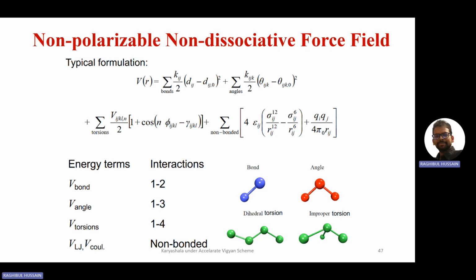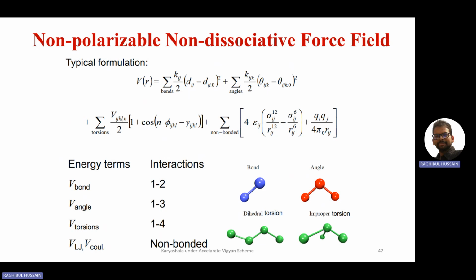Among the non-bonded interactions, we have seen that the LJ potential is most accurate, and this is the Coulomb, right? In the Coulomb, we have this Qi and Qj. What are this Qi and Qj? Can anybody tell me? Charge, right?